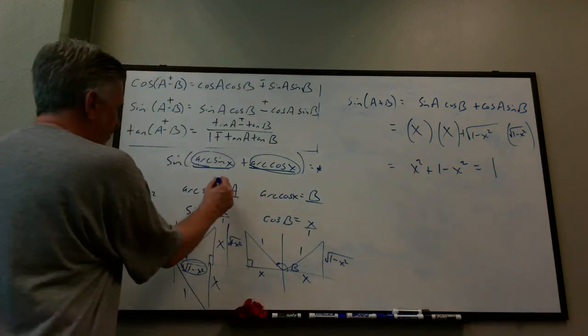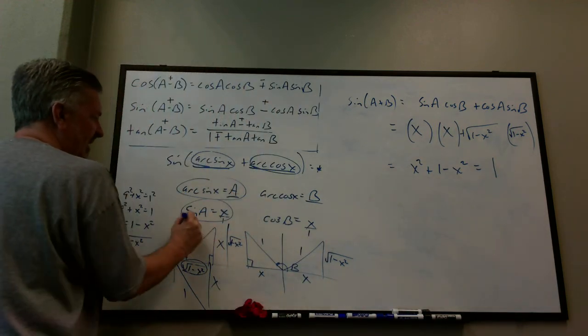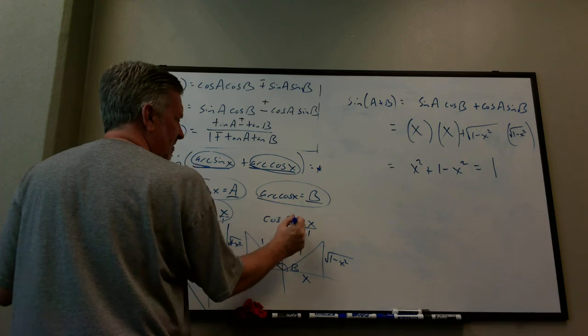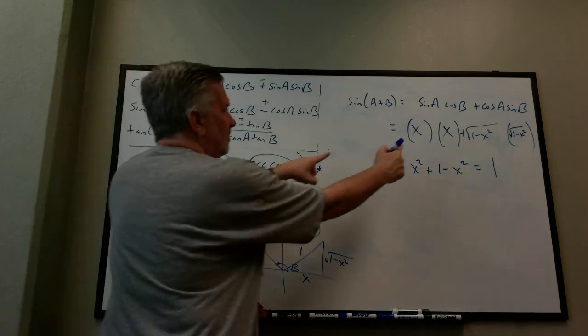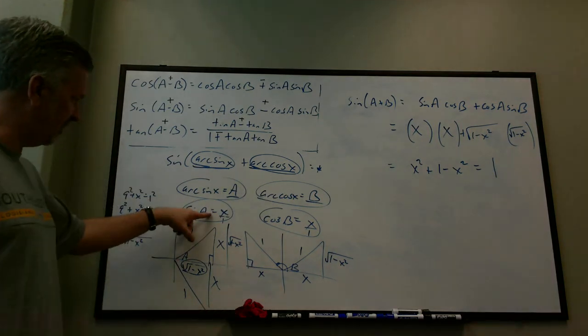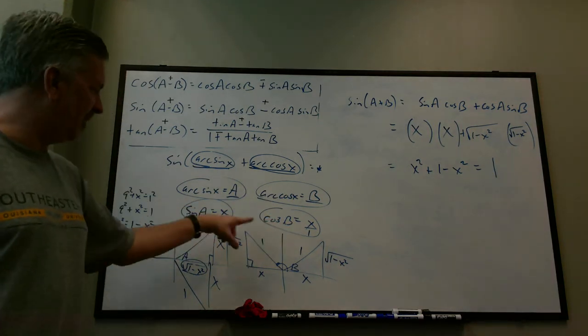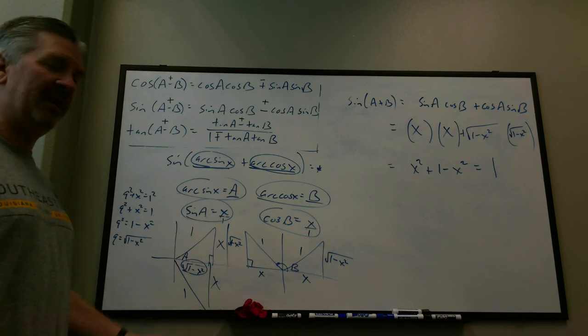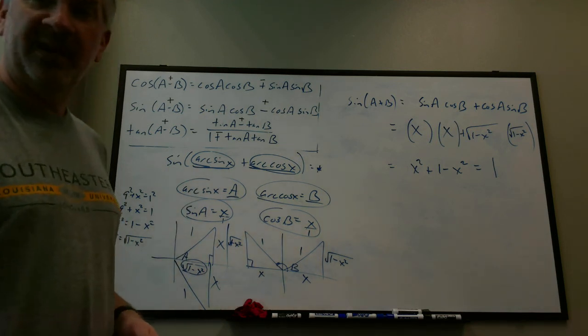Two of those we knew from this. If arc sine of x is A, sine of A is x. If arc cosine of x is B, cosine of B is x. So both of those go here. And then to do the other two, you draw your triangle pictures from this and this. Figure out the other side, plug it in, and it simplifies to 1. So there's section 5.4.